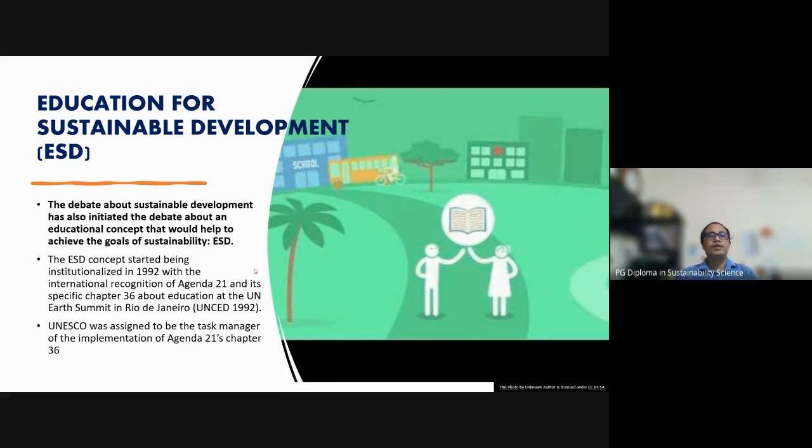One of the important documents published as an output of the Rio Conference is Agenda 21, which in a specific section talks about education for sustainable development, right? And the work of reaching every corner of the world was given to the United Nations, UNESCO, right?